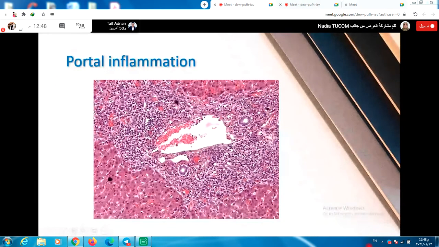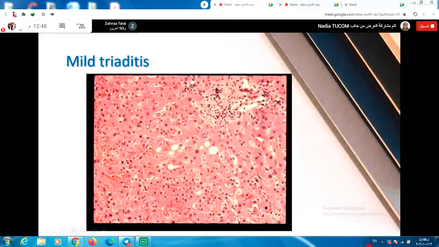This is the bile duct, this is the duct, and this is the artery, and very prominent lymphocytic infiltration. Even acinar cells can be seen in acute viral hepatitis. This is called mild portal tract inflammation. Inflammation is limited to the portal tract and does not spread to the trabeculae.